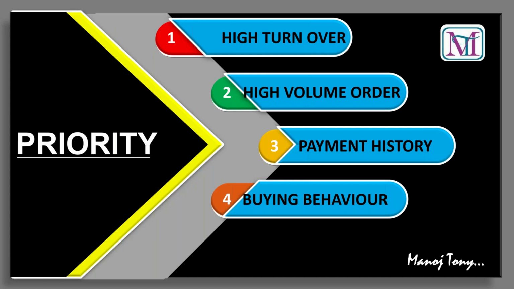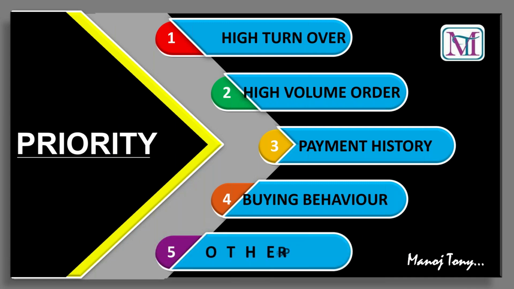Suppose one customer places 10 sales orders in a month, then that is a high priority customer. If a customer places 1-2 sales orders in a month or no sales order in a month, then that customer comes under low priority customers. There are also some other parameters to classify the customer as high priority or low priority, and that depends upon the business.